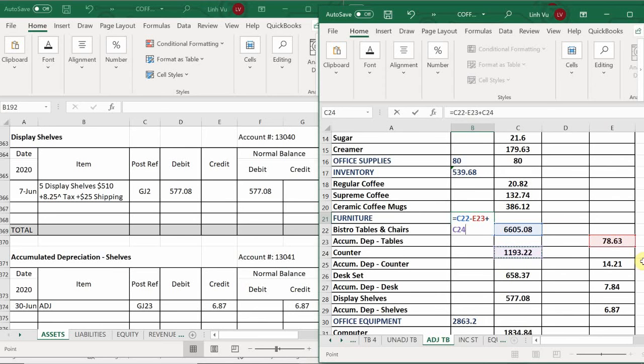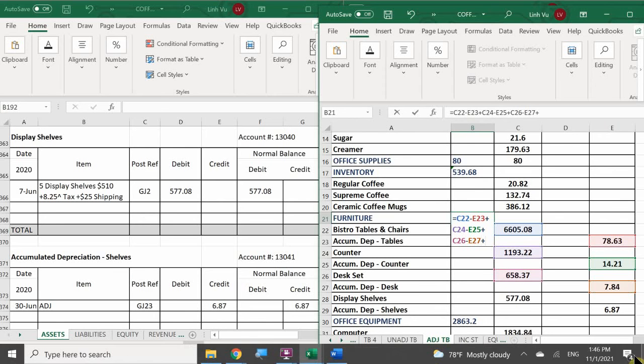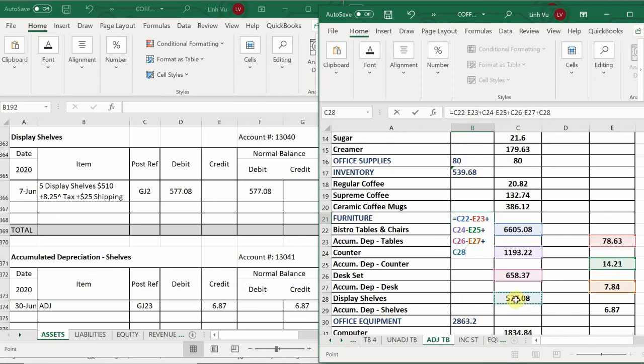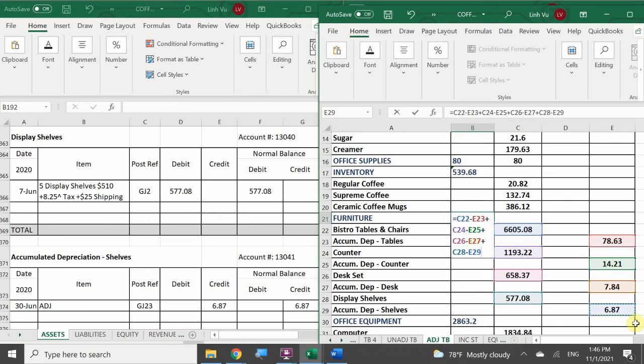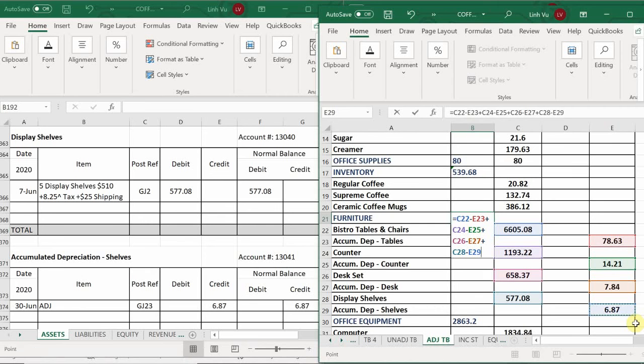So I'm going to add my counter and minus out the depreciation for that. I'm going to add my desk, but subtract out the depreciation for that. I'm going to add my display shelf, but decrease the value by 687.87.